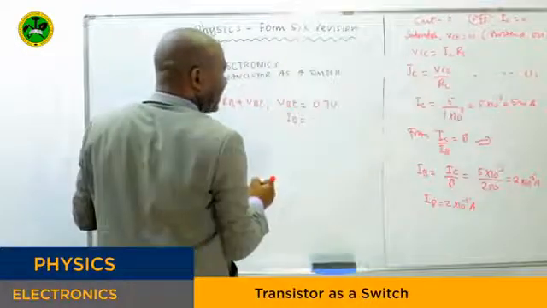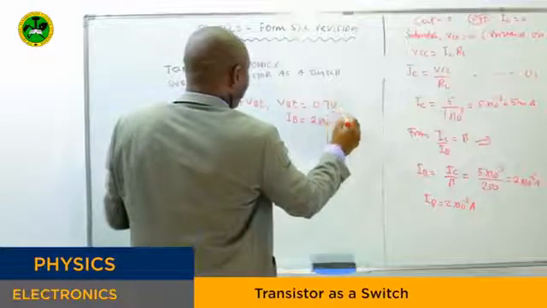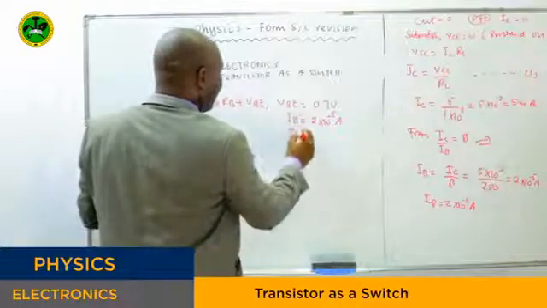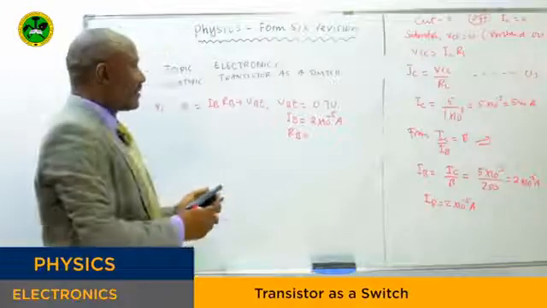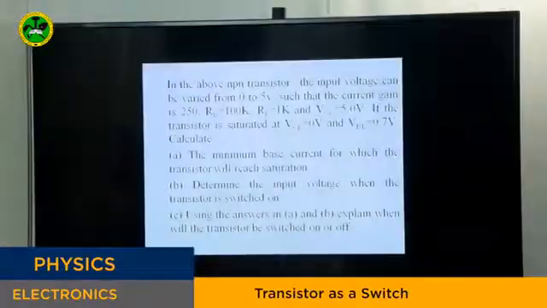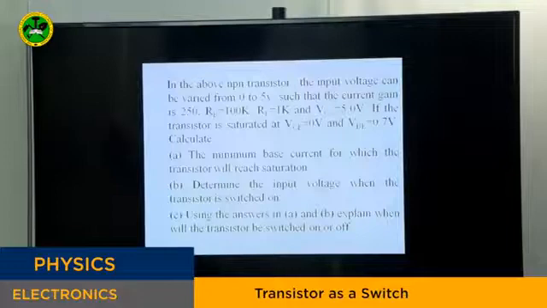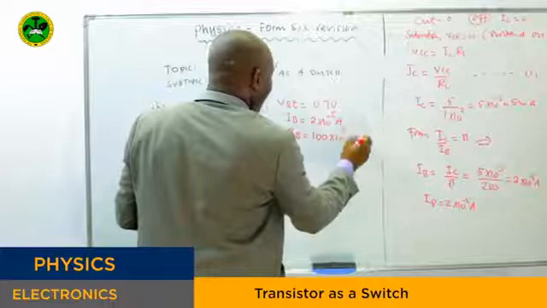We found that base current as 2 times 10 negative 5 ampere, and the value of RB was given in the question as 100 times 10 power 3 ohms.